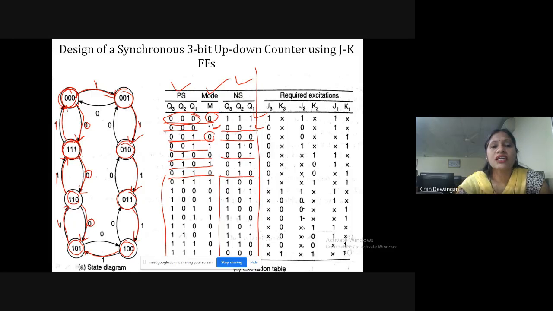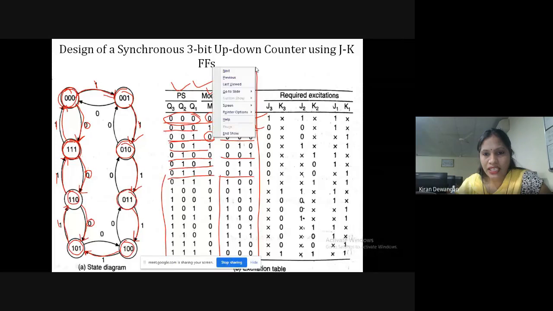Mode is 0 when it is down counting, and 1 when it is up counting. So this is how the up counting and down counting process is done. Now let us see the required excitation part.